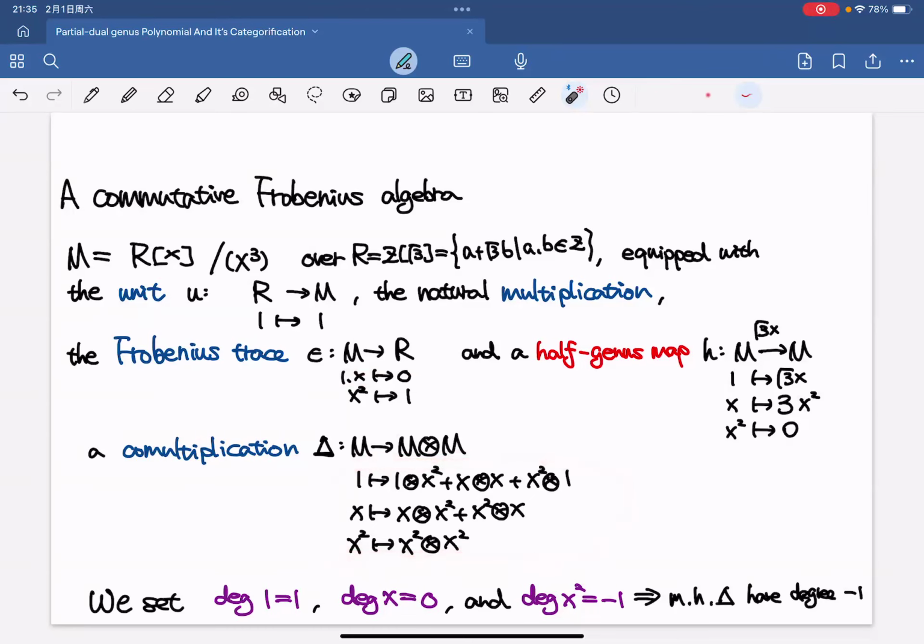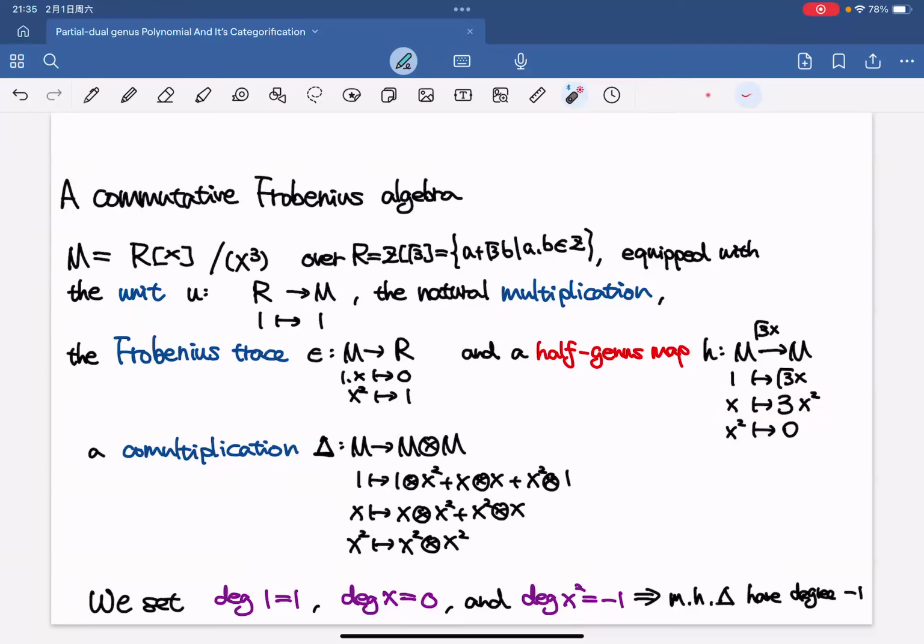Here is the definition. The most important thing here is that we need a so-called half genus map. It is a map from M to M, and it sends 1 to root 3 x, sends x to 3 x squared, and sends x squared to 0. So you can see that this map just takes the multiplication by root 3 x.